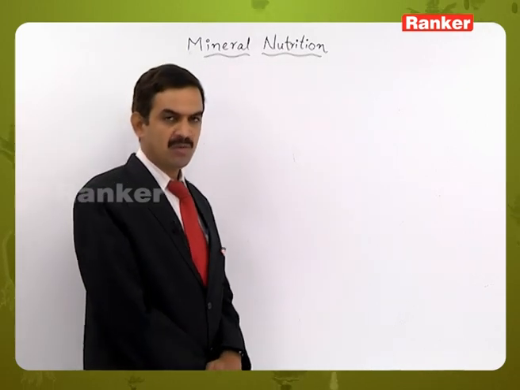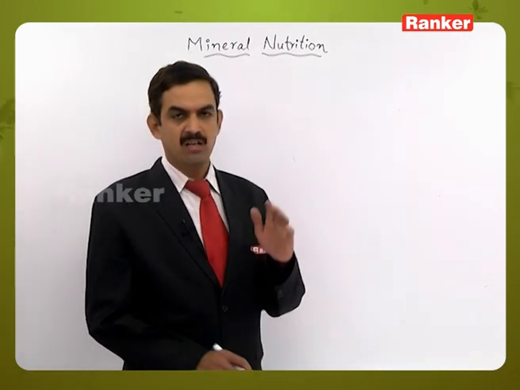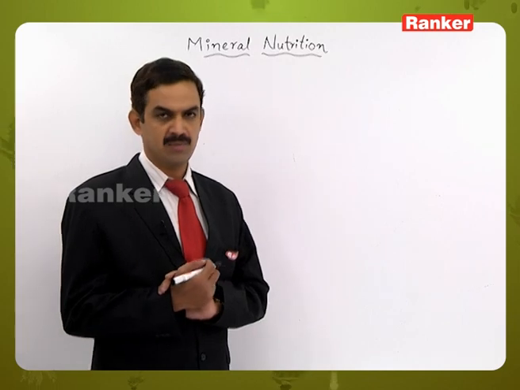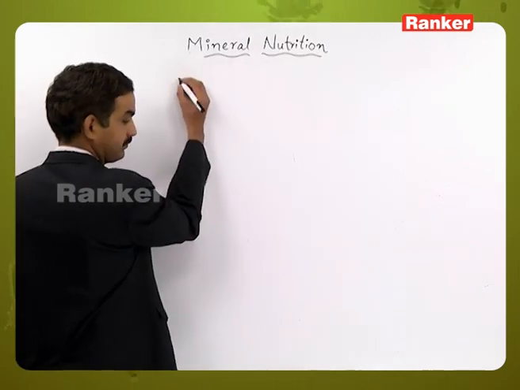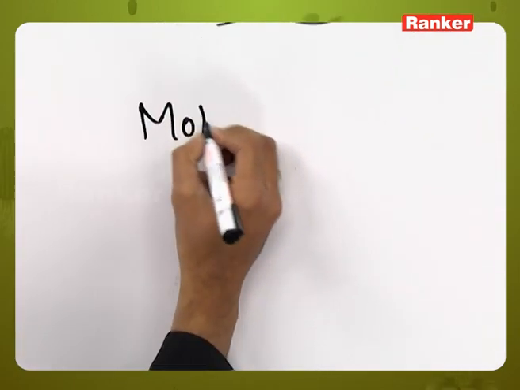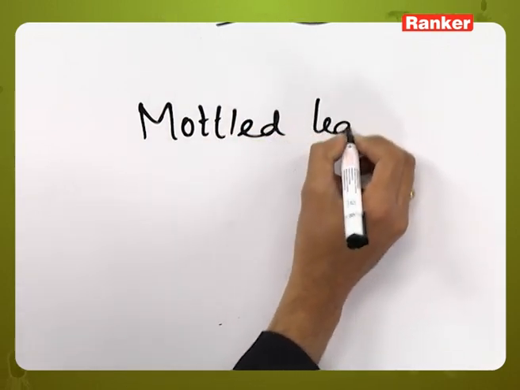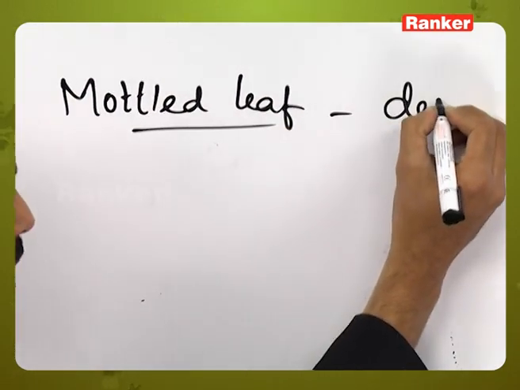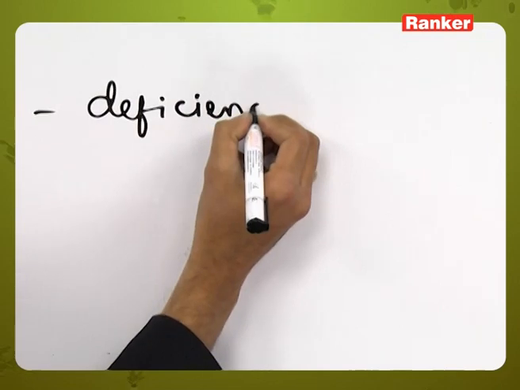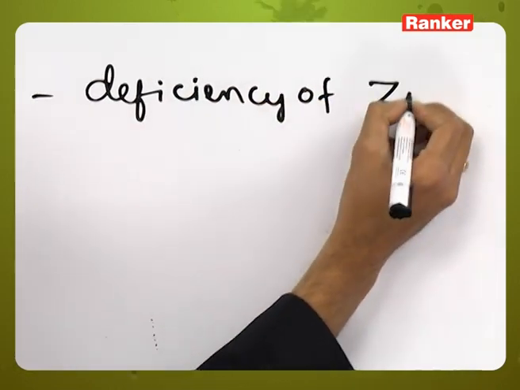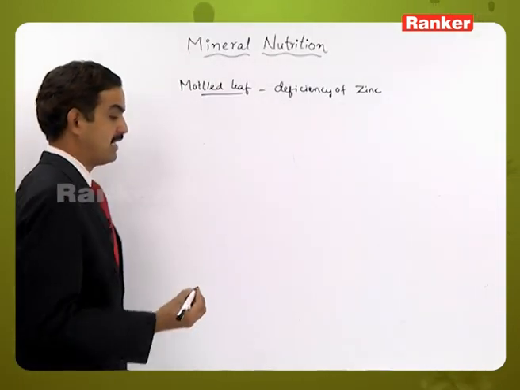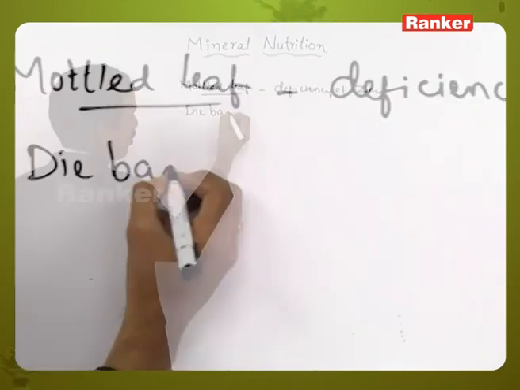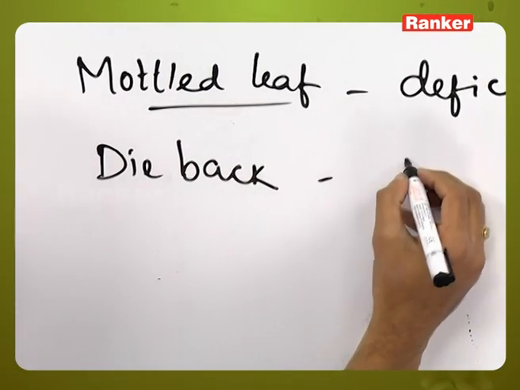Now let us take some examples of deficiency symptoms, like mottled leaf. Mottled leaf is caused by the deficiency of zinc. And dieback disease is caused by the deficiency of copper.